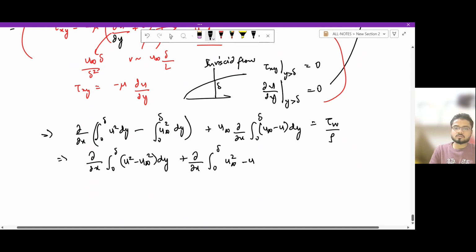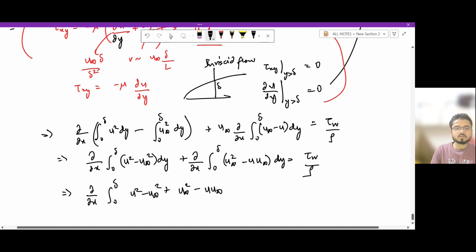U infinity squared minus u times u infinity dy would be equal to tau wall over rho. And this is equal to del over del x integral 0 to delta of u squared minus u infinity squared plus u infinity squared minus u times u infinity dy, equal to tau wall over rho.